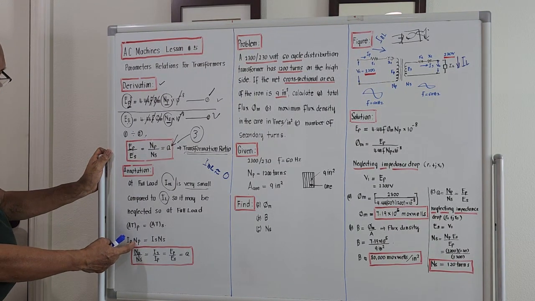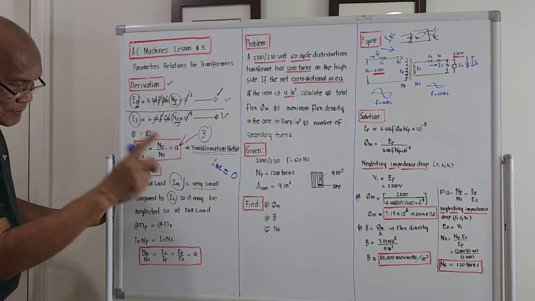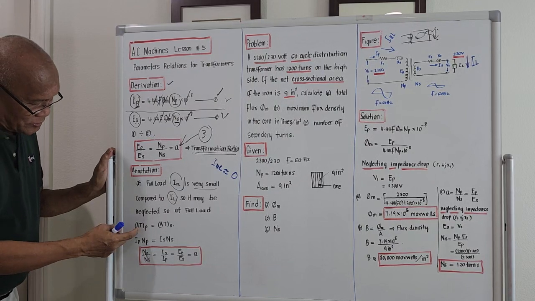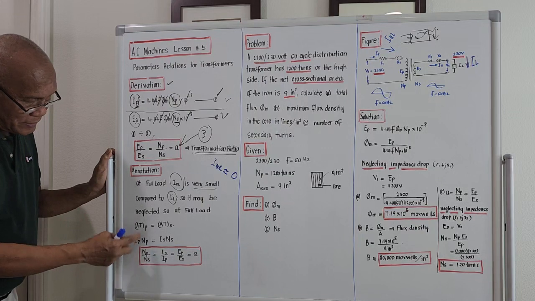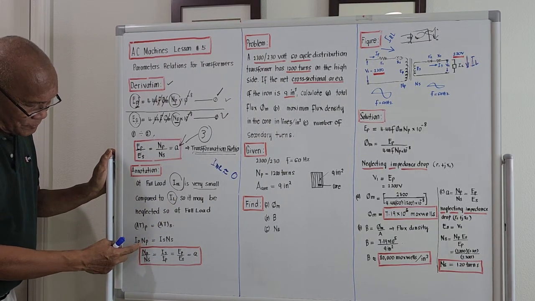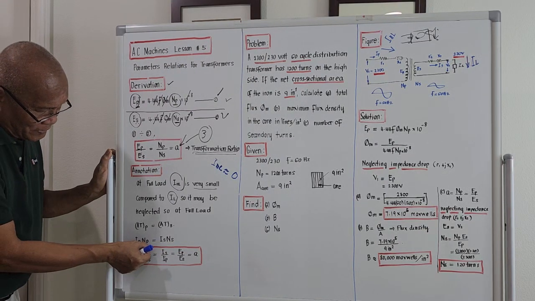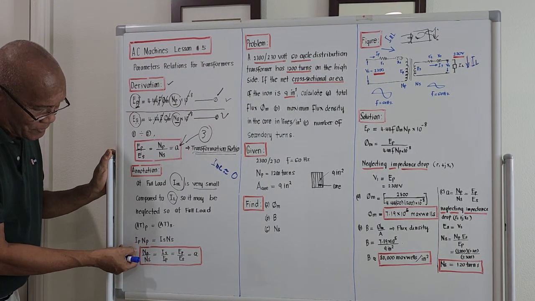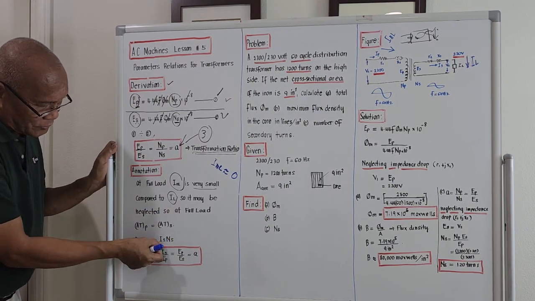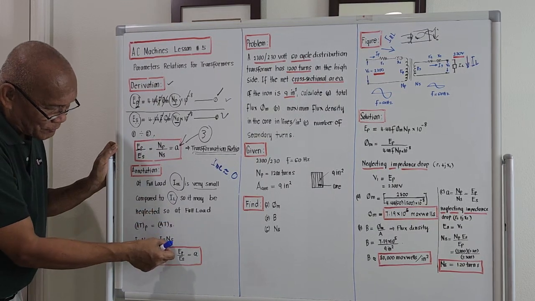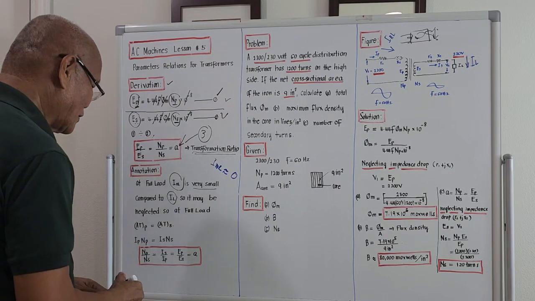It is N, capital letter N. So ampere turns is the product of current times number of turns. The current on the primary times the number of turns on the primary should be equal to the current on the secondary times the number of turns on the secondary. And if we try to simplify this one, how could we simplify this one?